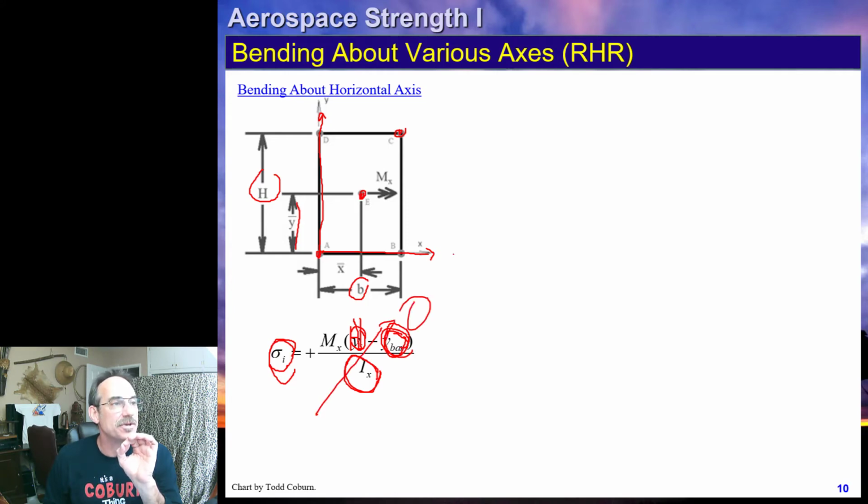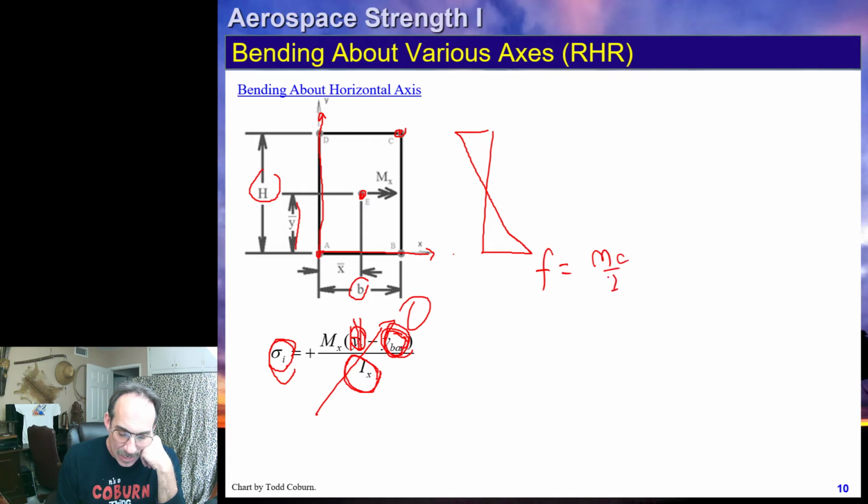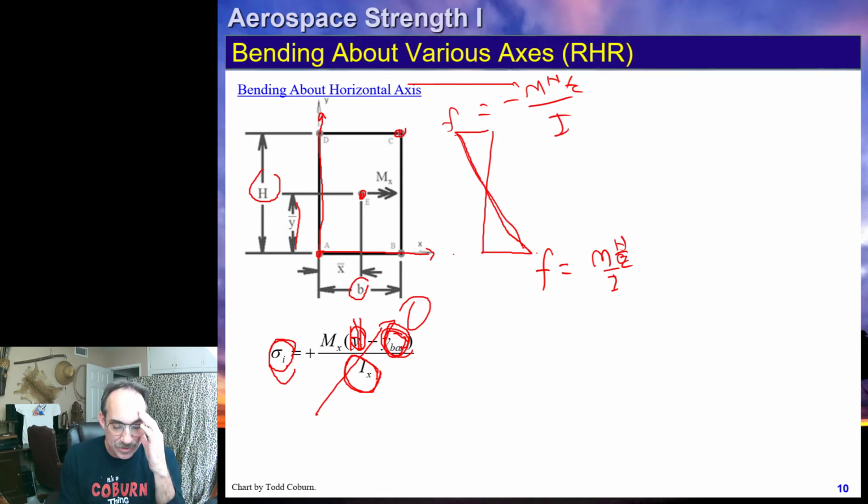Because our stress distribution is going to be linear, going from a maximum stress here, which is σ equals Mc over I, where c is now h over 2, to here, which is negative Mh over 2 over I. It's a linear stress distribution.